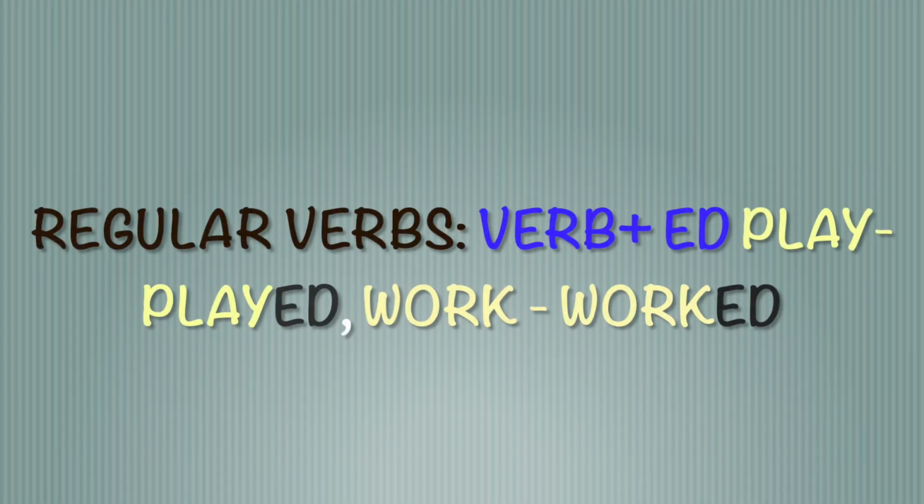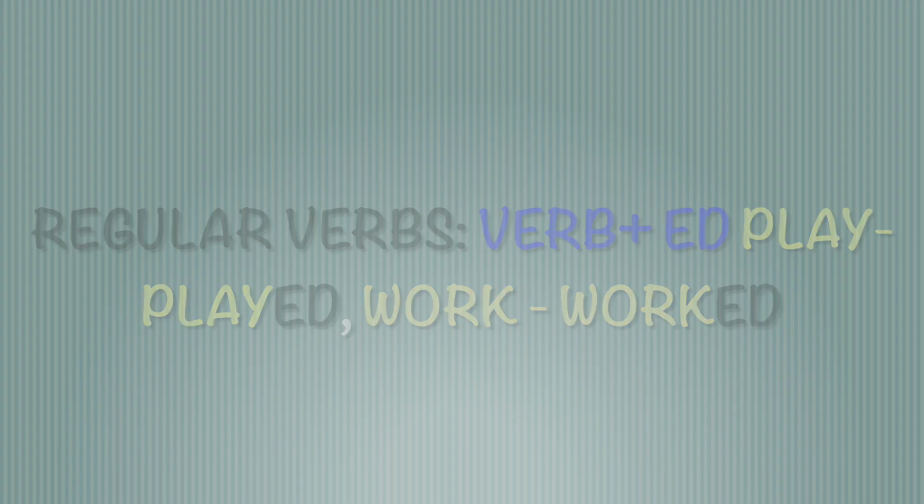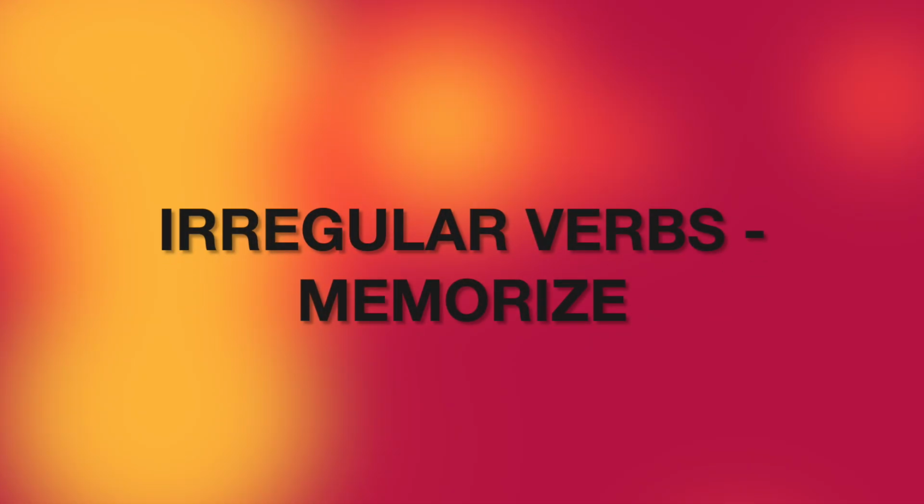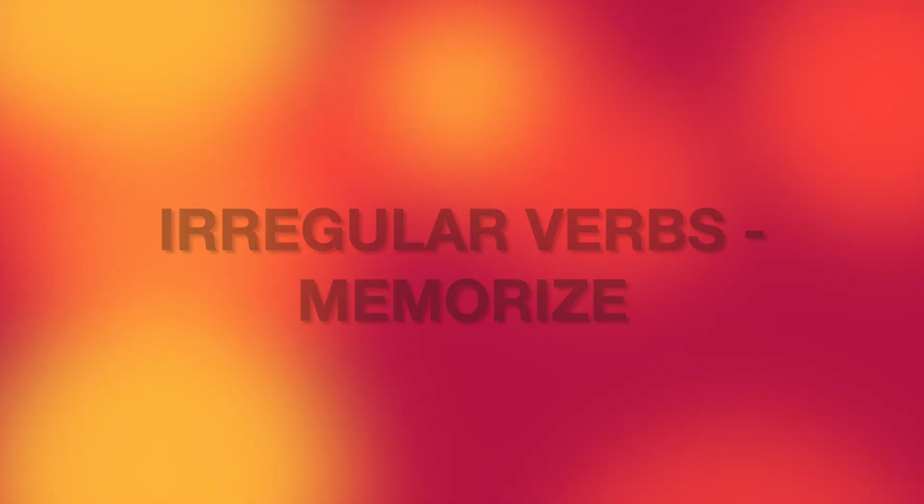Regular verbs mean that we need to place ed at the end of the verb to show the past action. For example, I work, I worked yesterday. I walk, I walked yesterday. I play, I played yesterday. So we simply add ed at the end of the verb to make simple past. However, another group of the verbs, the irregular verbs, we have to memorize.